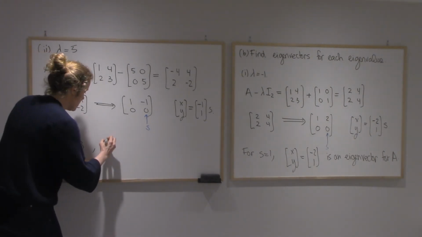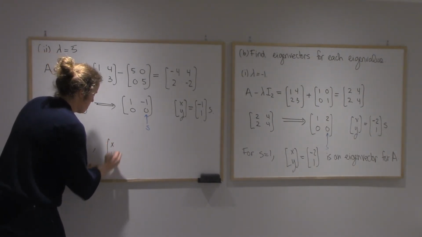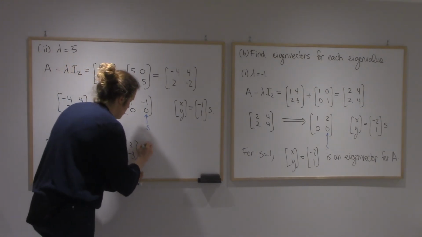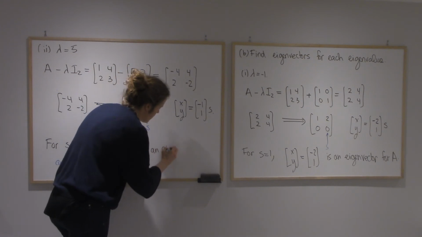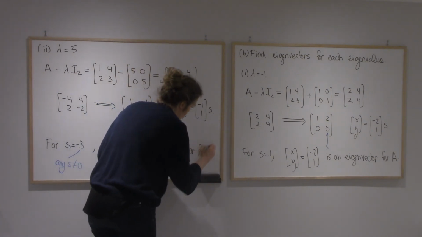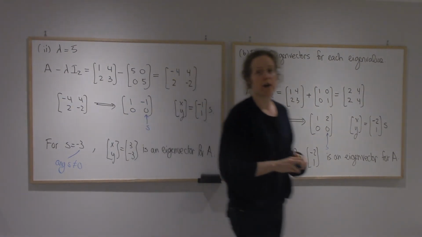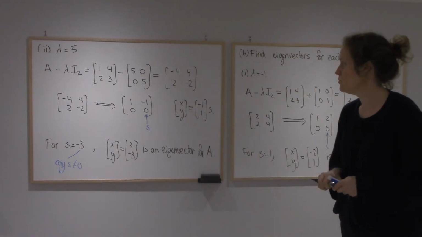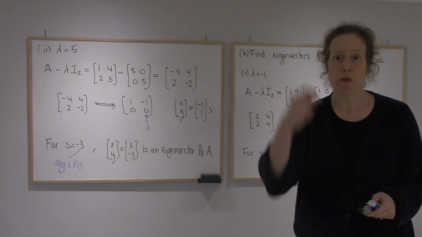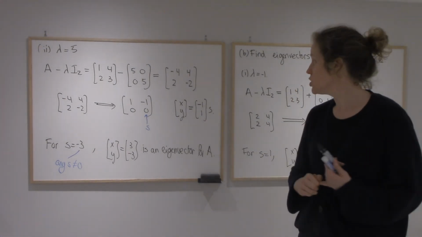We would get that (3, -3) is an eigenvector for A. Alright, so we have 2 eigenvalues. We found 1 eigenvector for each.